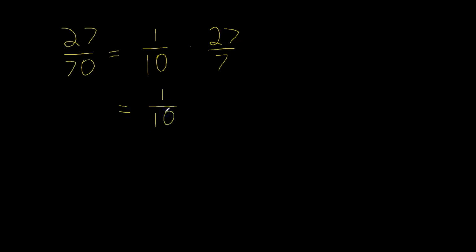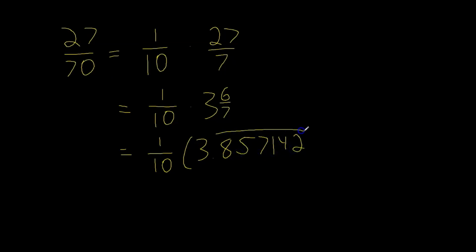Well, 7 goes into 27 almost 4 times, so it's 3 6/7, which means we're looking at 1/10 of 3.857142 repeating. And so we get 0.3857142 with the last 6 digits repeating, and that's the decimal for 27/70ths.